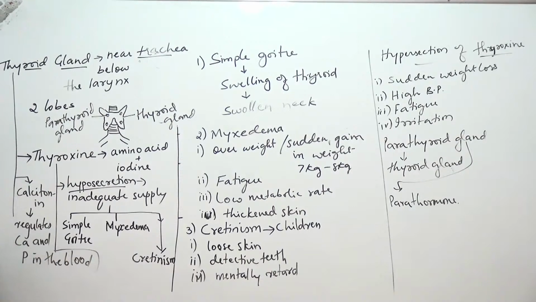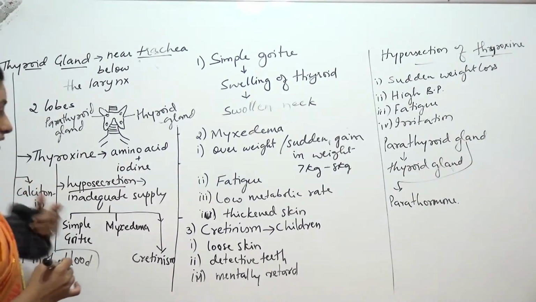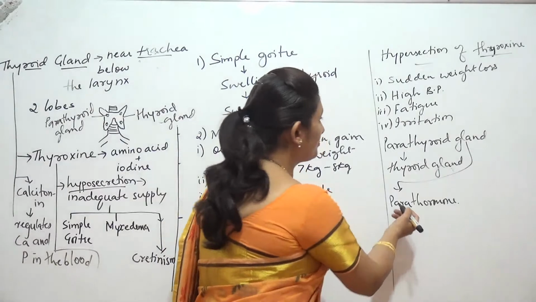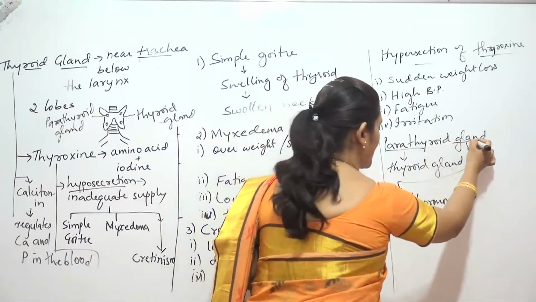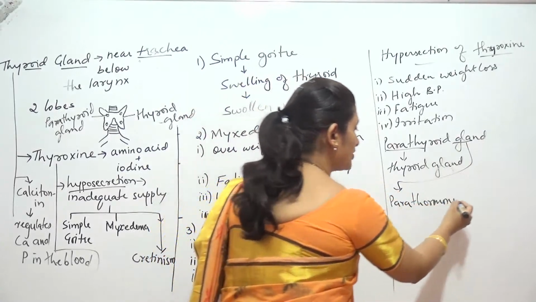The other secretion of the thyroid gland is calcitonin. What does this hormone do in the body? What is its function? It regulates the calcium and phosphorus level in the blood. Now, this regulation of calcium and phosphorus in the blood is about the thyroid. The next one is parathormone, which is secreted by the parathyroid gland.